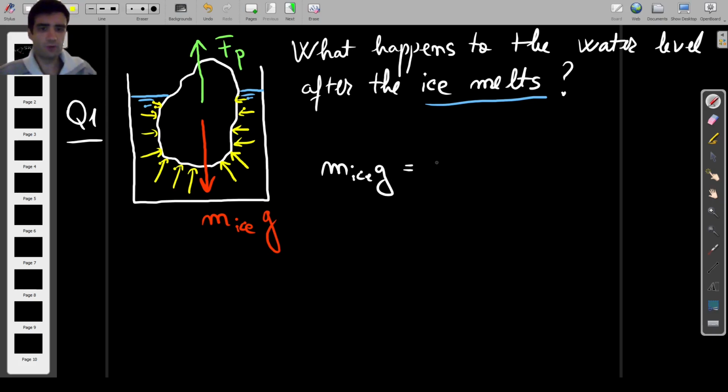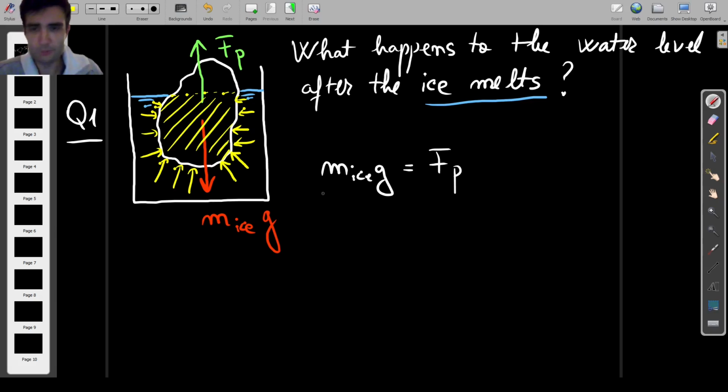is equal to Fp. But Fp is actually the weight of the displaced water. What I mean by that is we're looking here at this volume. The volume of displaced water is equal to the volume of the submerged ice chunk.